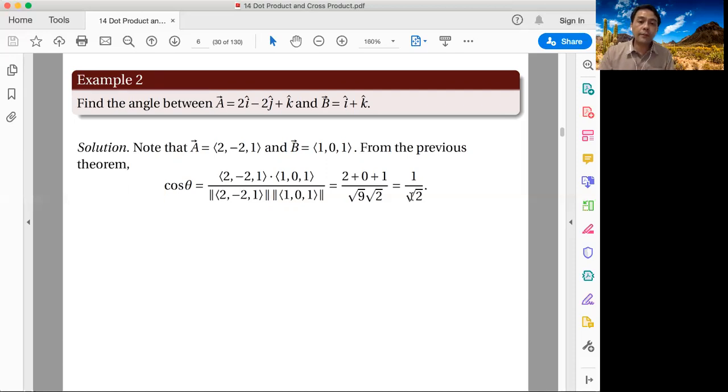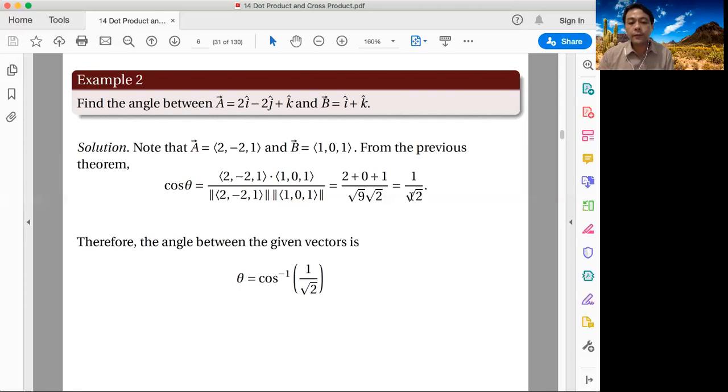It gives us a specific angle. So cosine theta is 1 over the square root of 2, means theta is the inverse cosine of 1 over the square root of 2, or more familiarly known as pi over 4. So that's the angle made by the two vectors.